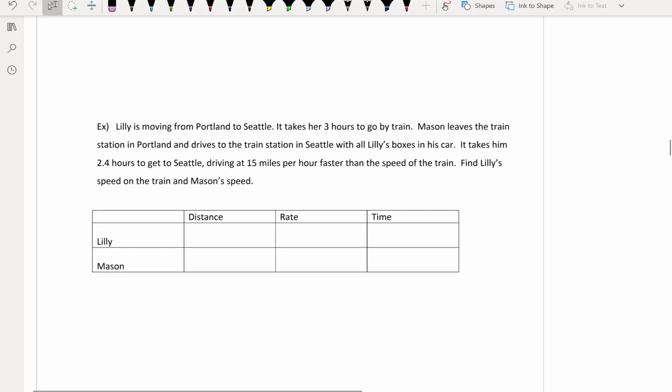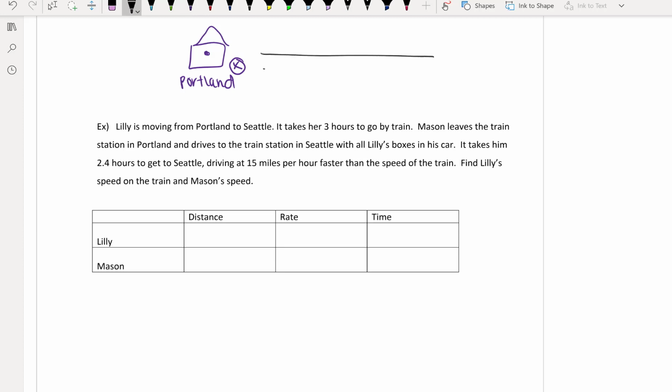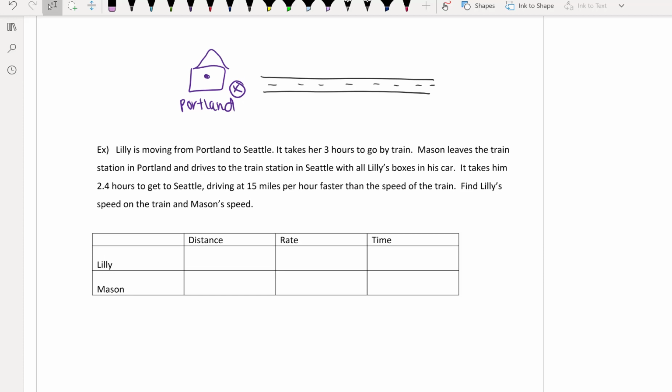So let's think about this. I'm thinking about Lily, and she's going from Portland to Seattle. So she's going from her home, where she is. Home base is here, and that home base here is Portland. And she is moving, and of course it's not going to be a straight path, but more or less you get the idea that she's driving somewhere, right? So that's my road.